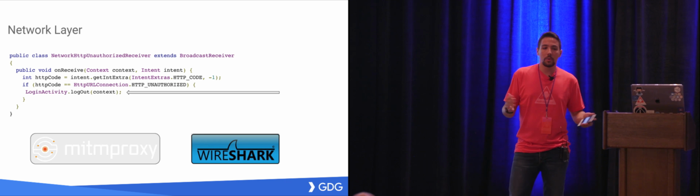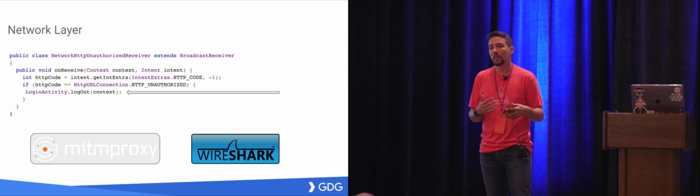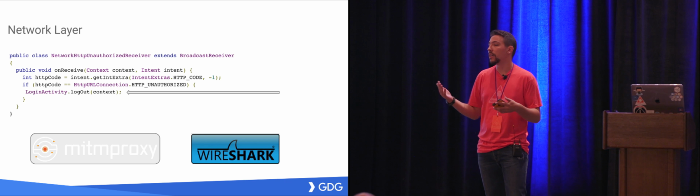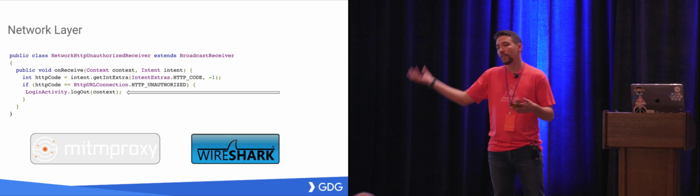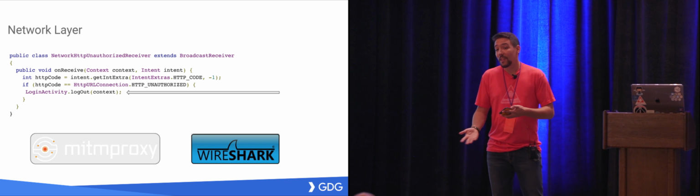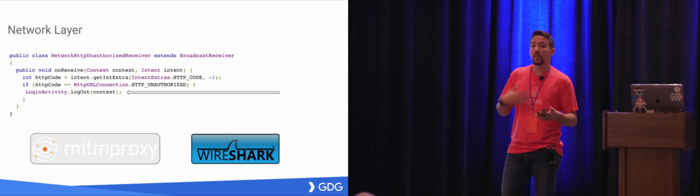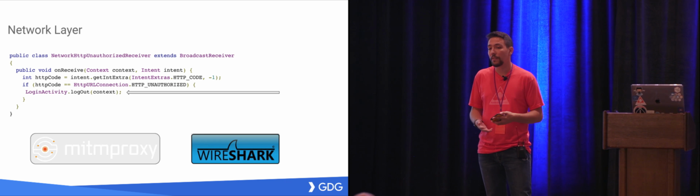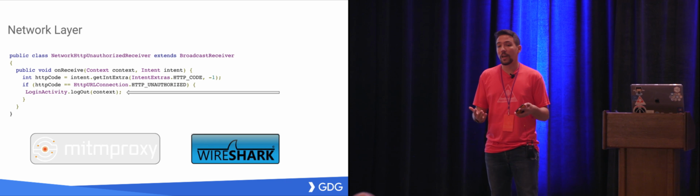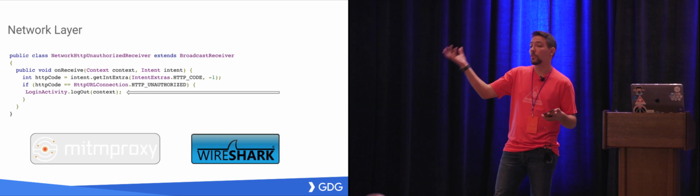So everybody knows that when our application is using the internet layer, pretty much what's happening is that we're sending something into the internet, and then our web server responds with something back, right? So the bad thing is that there are plenty of tools like MITM proxy or Wireshark that can actually spoof this internet traffic, so they can find out exactly what we're sending into the internet and what the internet is sending back to us.